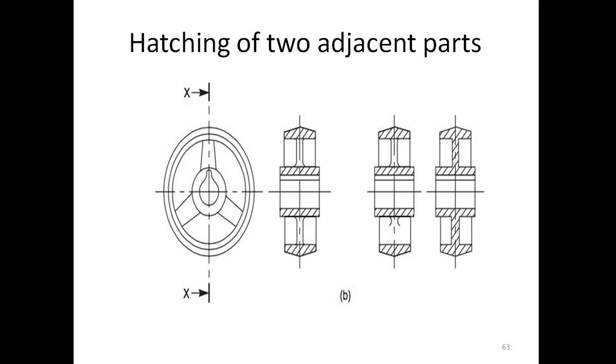Hatching of two adjacent parts. As we studied previously, how to hatch adjacent parts, here some methods are shown in a figure. One is the correct method and the other two are not correct. As per our discussion, the rib is not going to be hatched, which is followed in this sketch.